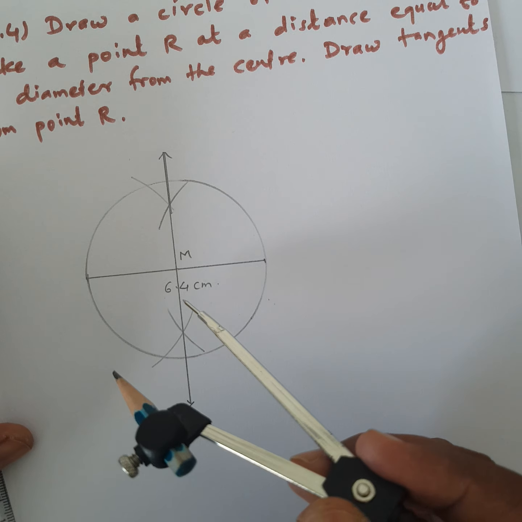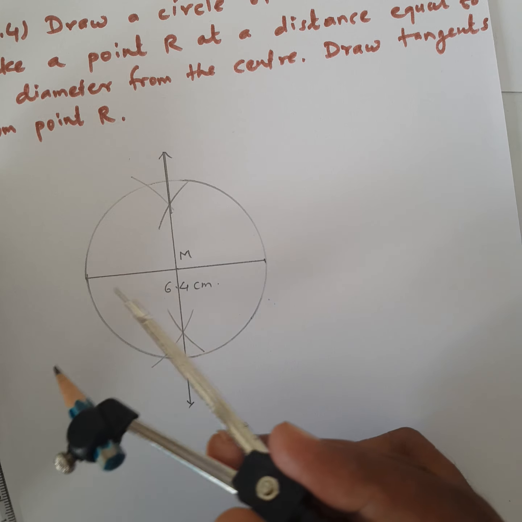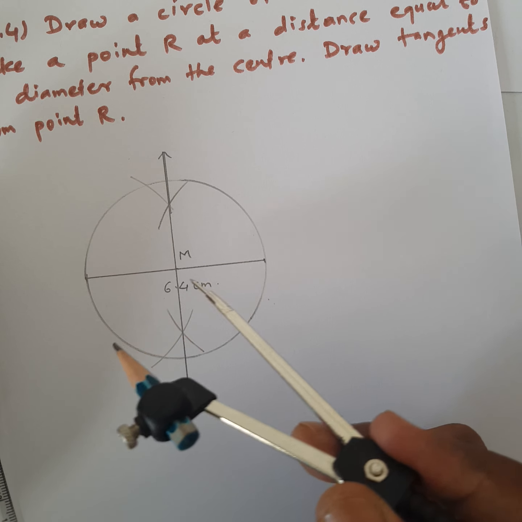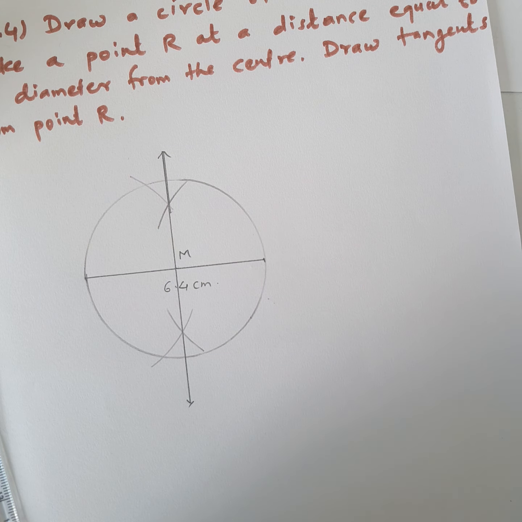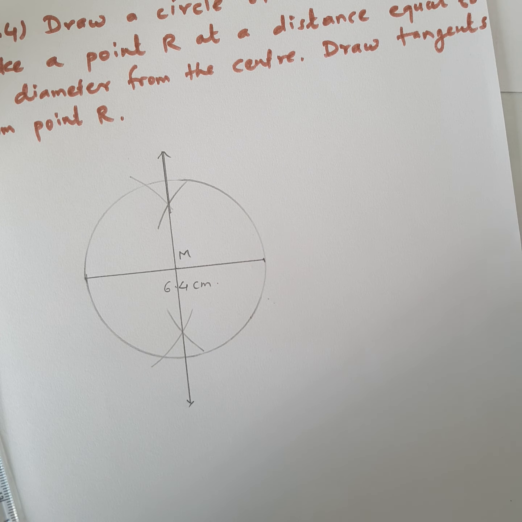We can take radius 3.2 centimeter, but here we first drew the 6.4 centimeter diameter, and by taking the midpoint we have drawn the circle of diameter 6.4 centimeter.